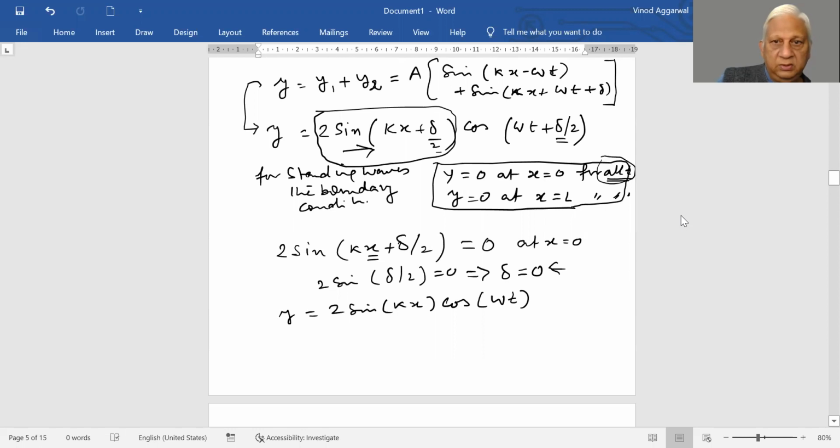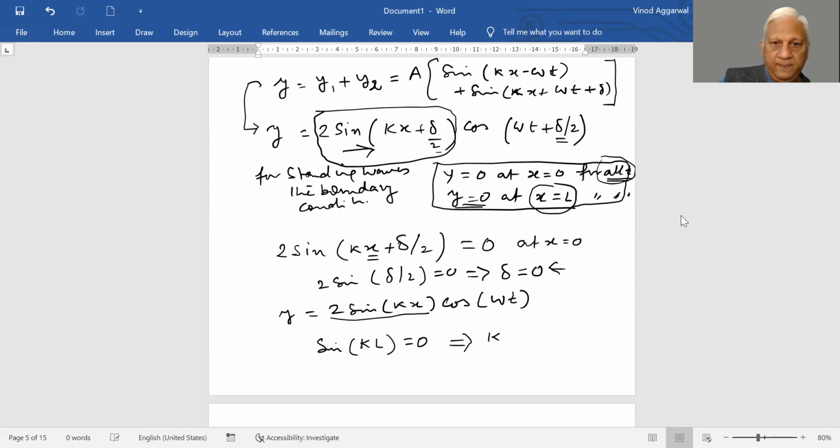Another boundary condition was at x is equal to L also, y should be 0. Which means that this is 0 for x is equal to L, which means that sine KL is 0. And what does this mean?